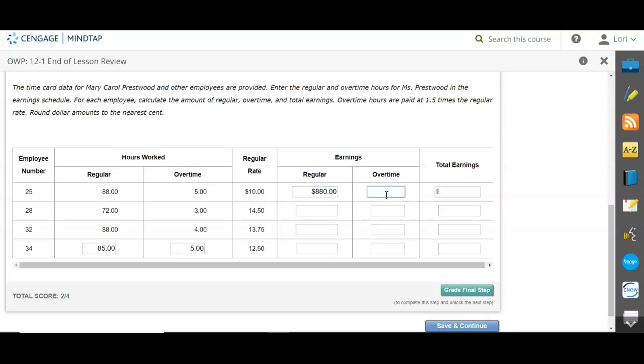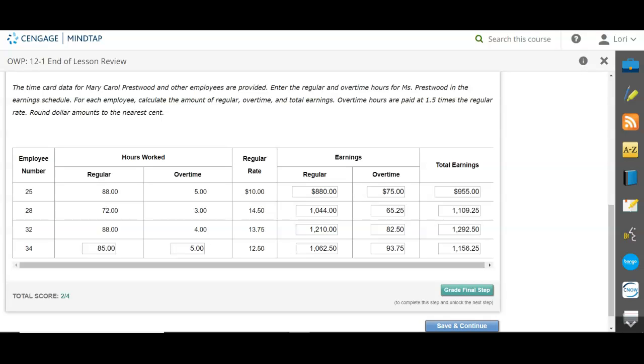That means she's going to get $10 plus 1/2. So that means her overtime rate is $15 an hour. So $15 times the 5 overtime hours, that is $75. And then you're going to add that 75 to the 880. And he is going to earn $955. Again, I'm going to stop and come back with the answers.